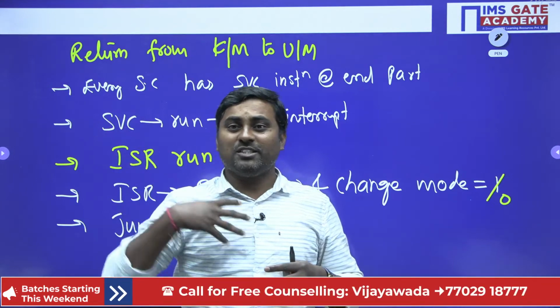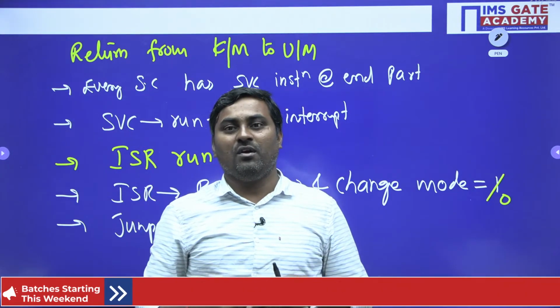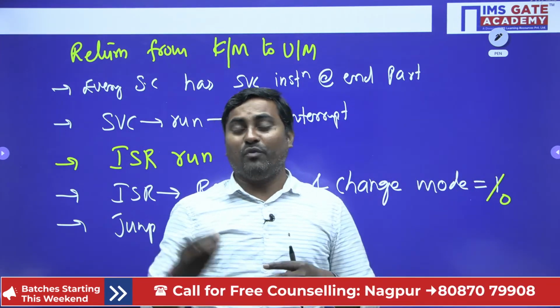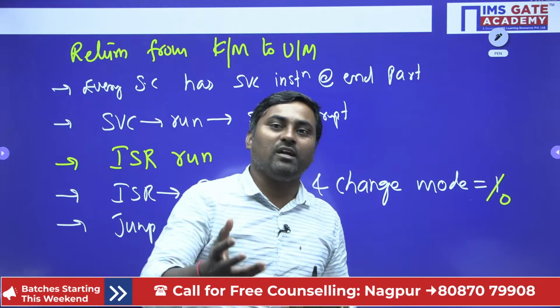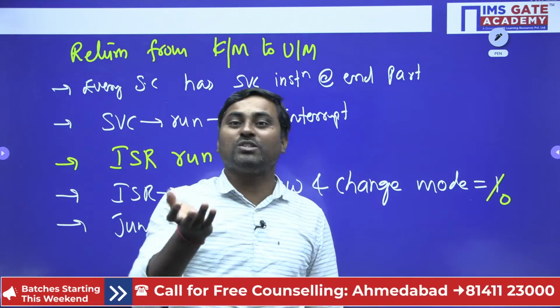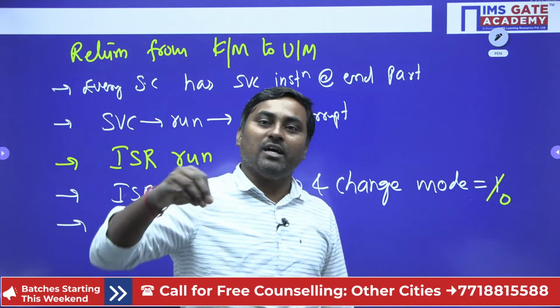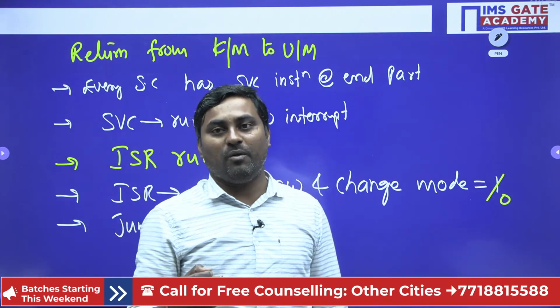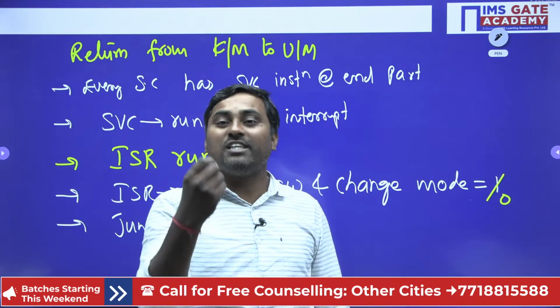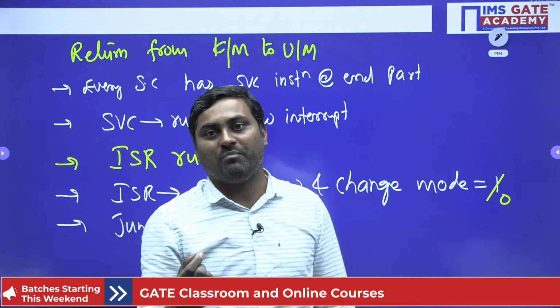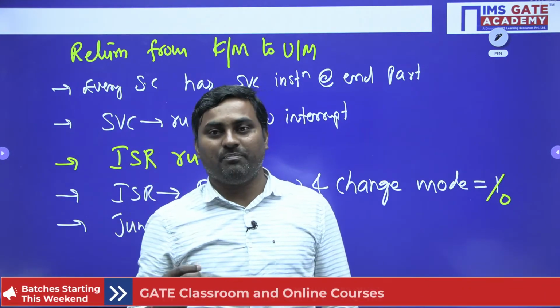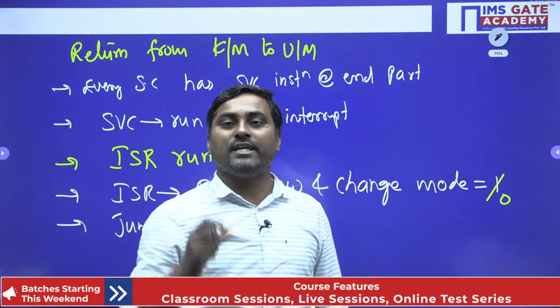Normal code runs in user mode. When a system call is encountered, it runs in kernel mode through mode shifting. Whenever a system call is encountered, at compile time it is replaced by SVC, supervisor call. When you run this SVC instruction, a software interrupt generates, and as a result you have to run the ISR.